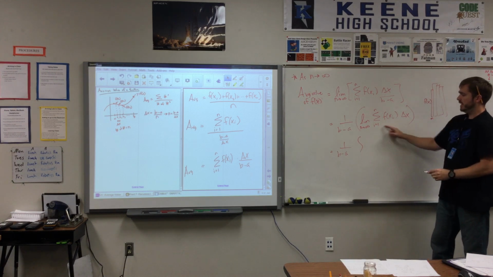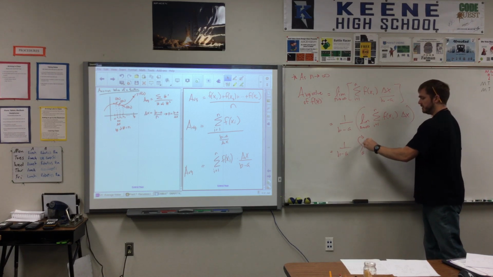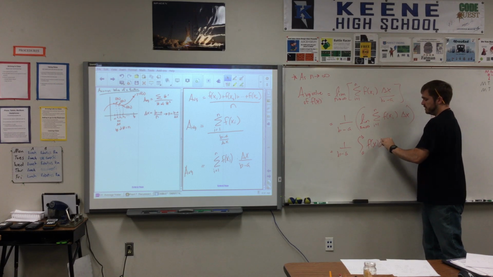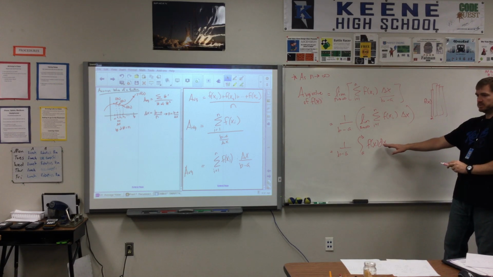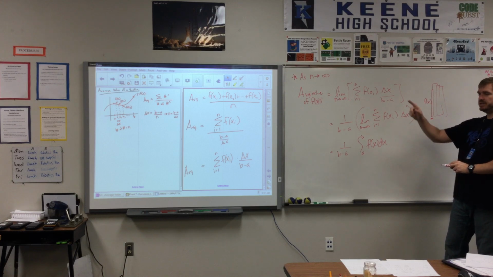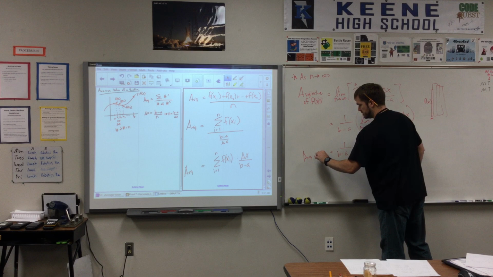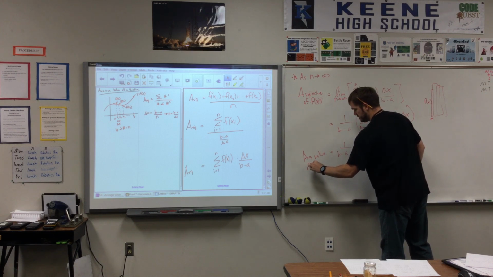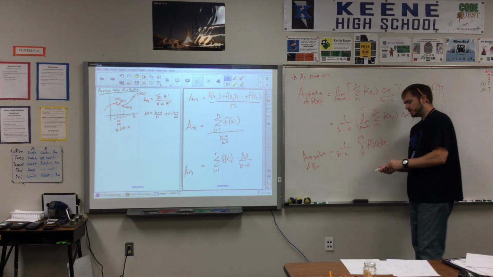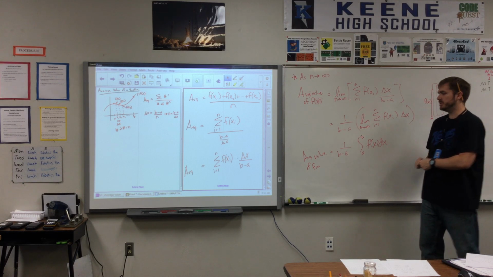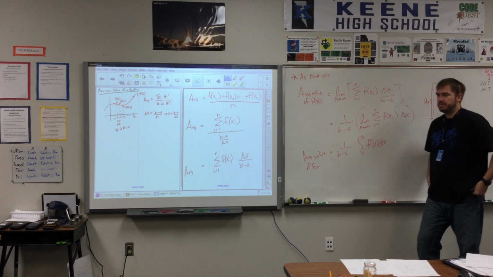So that's really interesting, because it turns out that the integral is going to help us find the average value of a function. You say, Mr. Goddard, I can't add up an infinite number of things and then divide it by infinity.